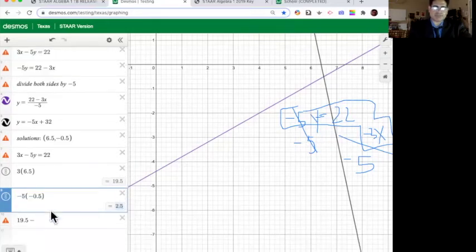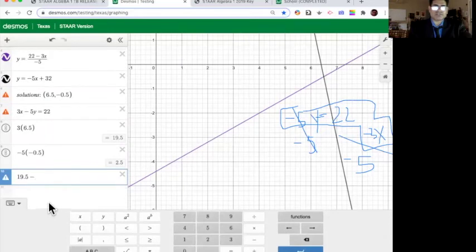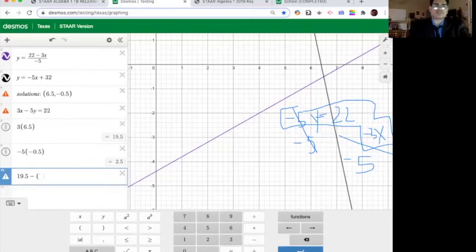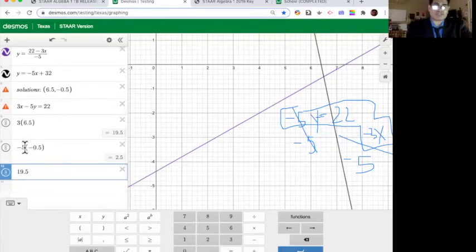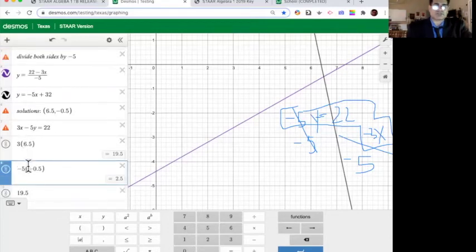So let me copy that 2.5. So we're taking away that 2.5, is that right? Okay, let's see. -5 times 0.5 is 2.5. We've already taken away the -5, right? So here's what it is.